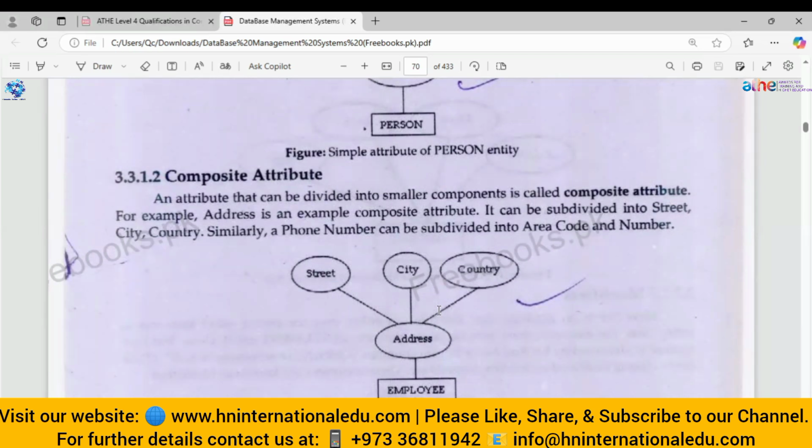If we take another example, like address. Address can be further divided: what is the street number, which city, which country, house number. So attributes that can be split into further components are called composite attributes.